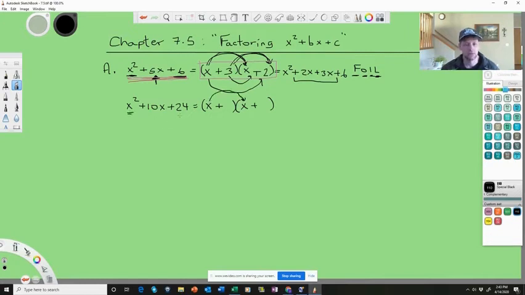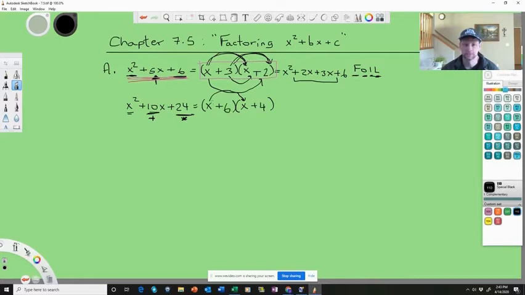Now I need to find 2 numbers that multiply out to 24 and add up to 10. 24 times 1, but they add up to 25. It could be 12 times 2, but 12 and 2 add up to 14. 6 times 4 is 24, and 6 plus 4 is 10. So therefore, I know that 6 and 4 are going to be my 2 numbers there.